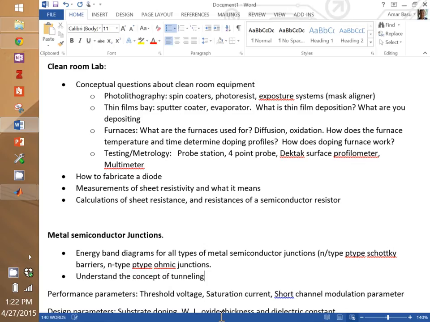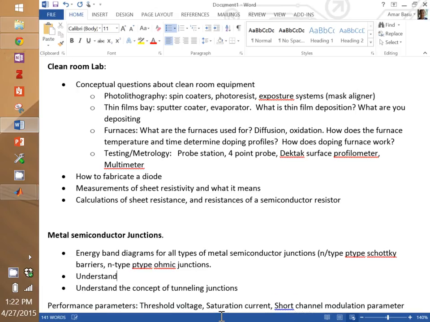I'm jumping around here. Before that, understand the concept of Schottky barriers. How are they similar and different from a PN junction?